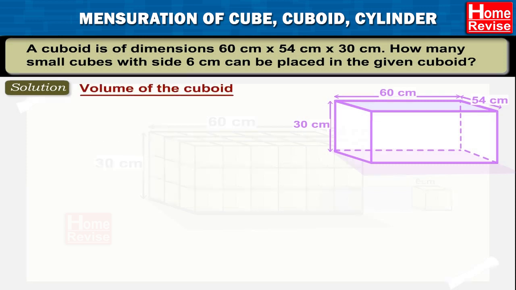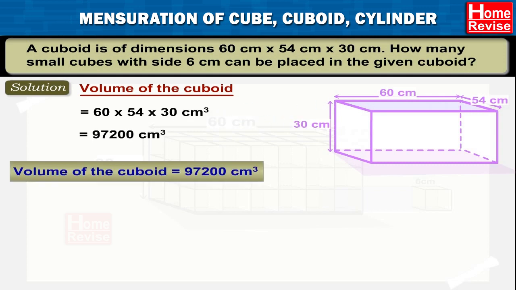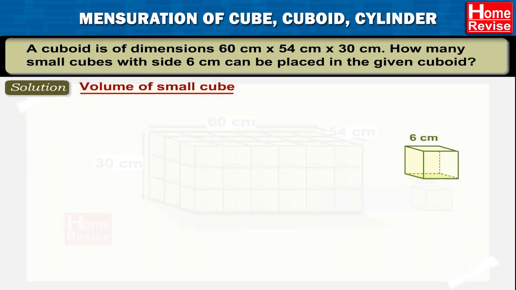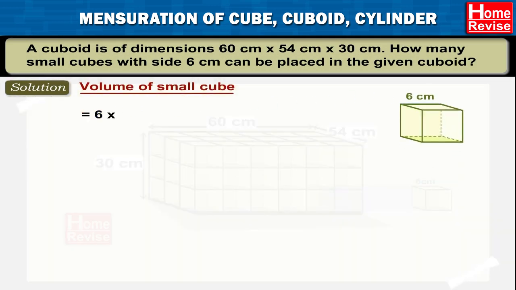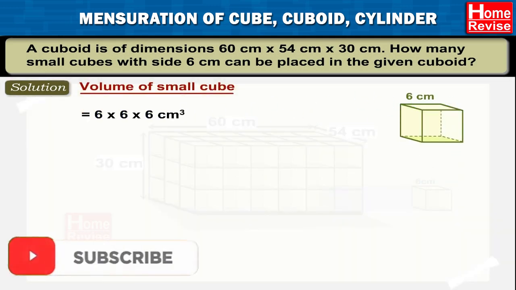Volume of the cuboid is equal to 60 × 54 × 30 cm cube, that equals 97,200 centimeter cube. Now volume of a small cube is equal to 6 × 6 × 6 centimeter cube, that equals 216 centimeter cube.